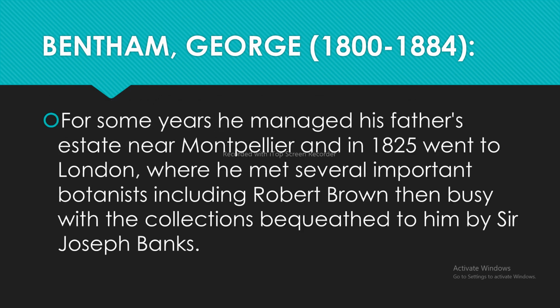For some years, he managed his father's estate near Montpellier, and in 1825 he went to London, where he met several important botanists, including Robert Brown, then busy with the collections bequeathed to him by Sir Joseph Banks.